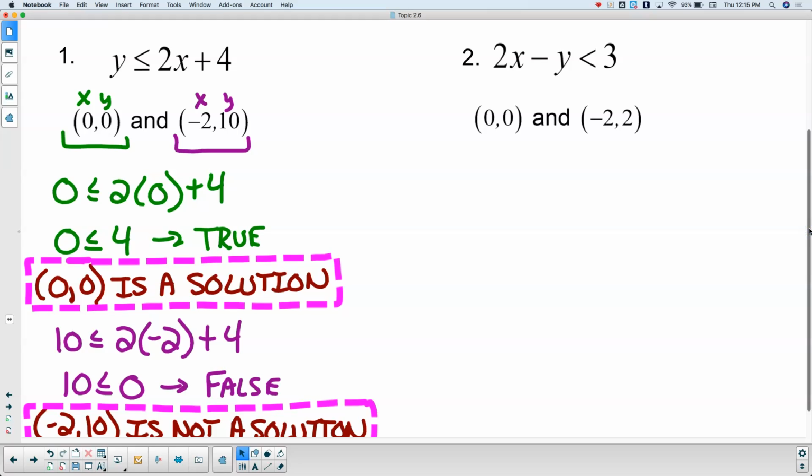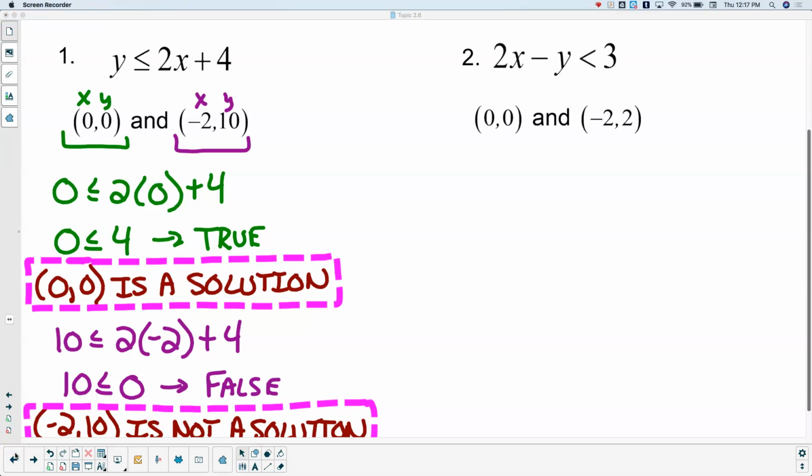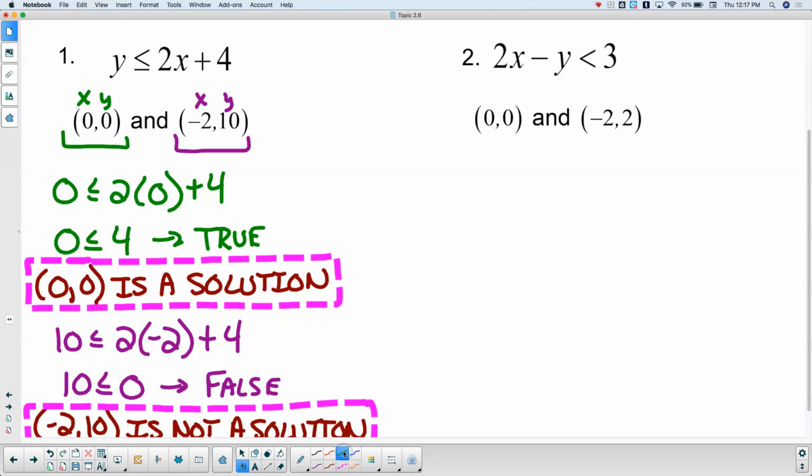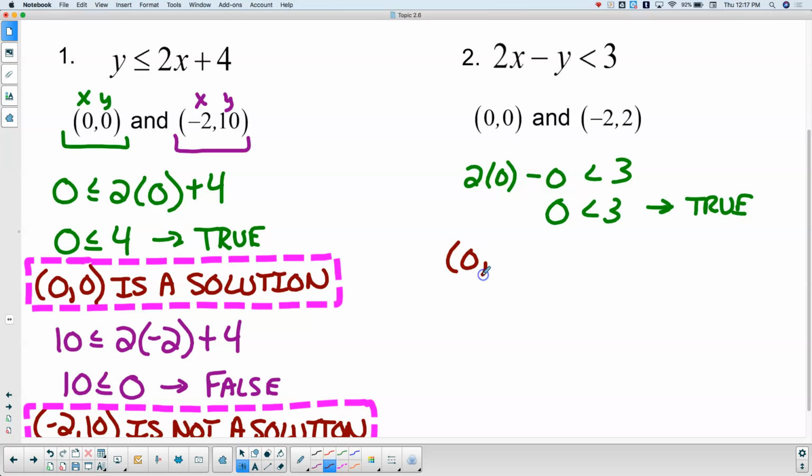Tell me if those two are a solution or not. I get that the origin is a solution.